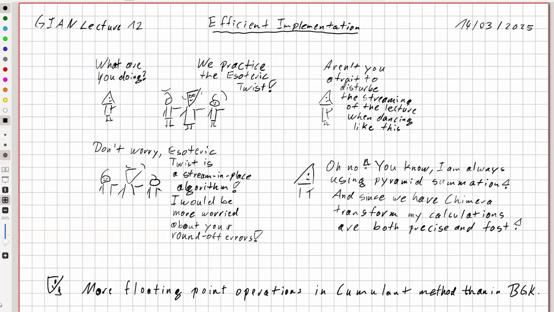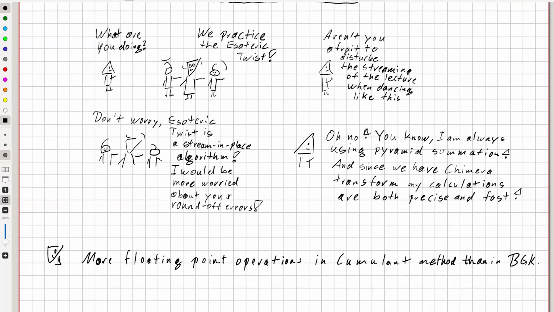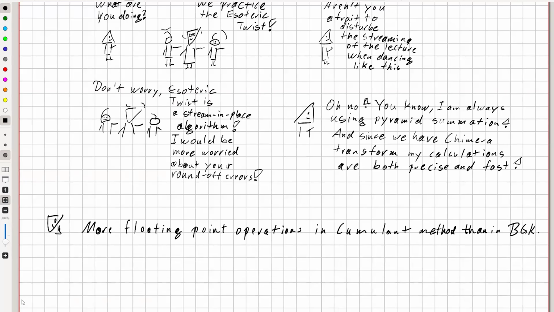So this has, of course, two consequences. The first is that this should be slower then. I mean, you do more work.